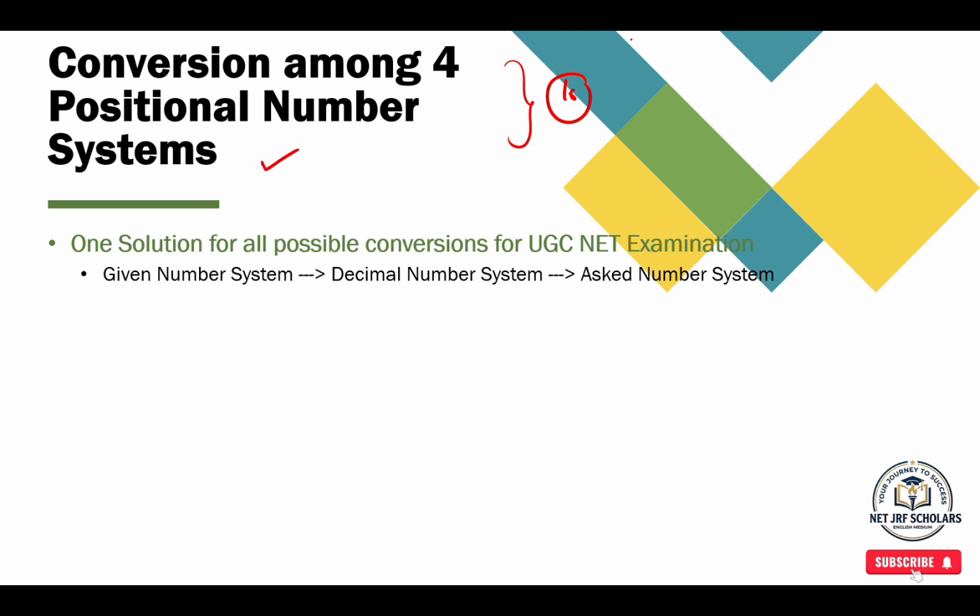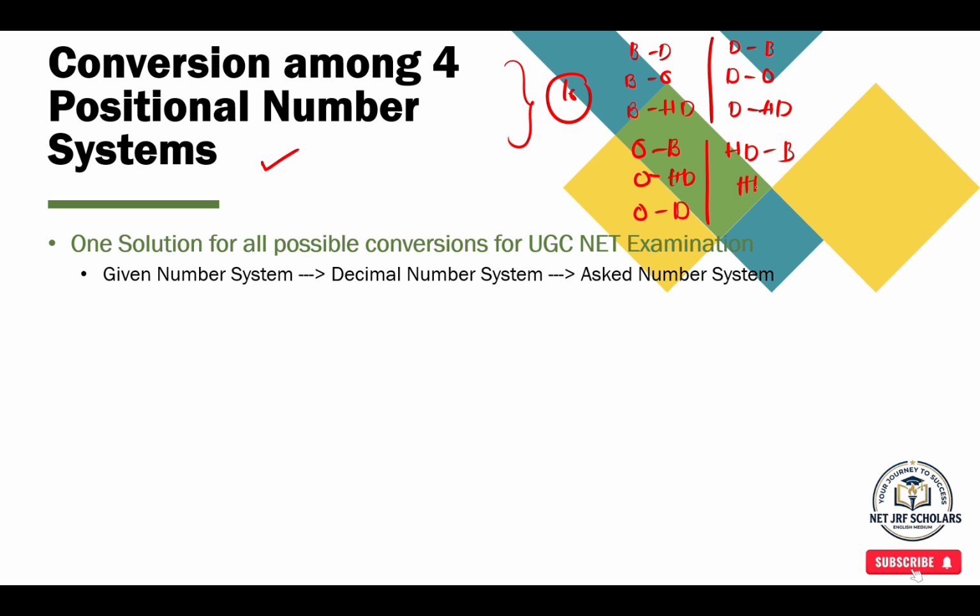So they might ask you about 12 types. Okay, let's say binary to decimal, binary to octal, binary to hexadecimal, then decimal to binary, decimal to octal, decimal to hexadecimal, next octal to binary, octal to hexadecimal, octal to decimal.